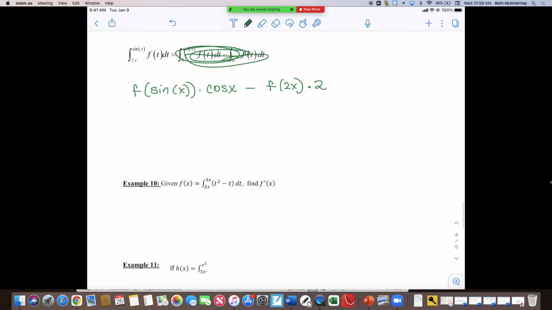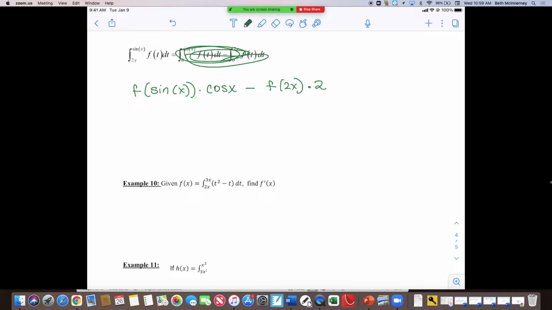So let's look at example 10. Let me do this one with you, then I'll let you do 11 on your own. If I have f of x equals the integral from 2x to 3x of t squared minus t dt, and I want to find f prime of x. So, big idea from yesterday: the derivative and the integral are inverses, so they knock each other out.